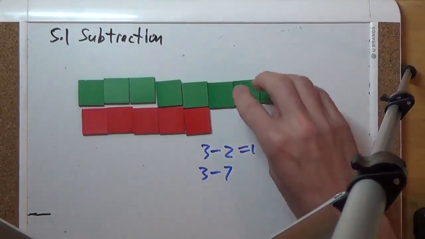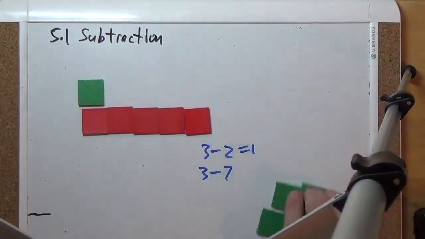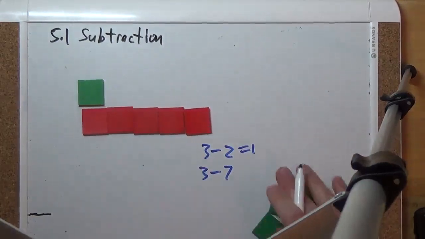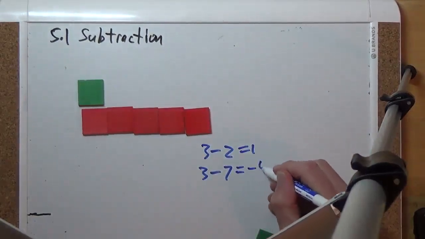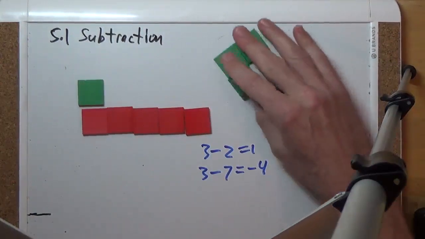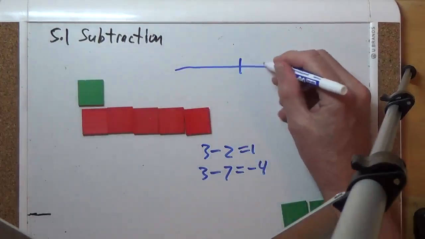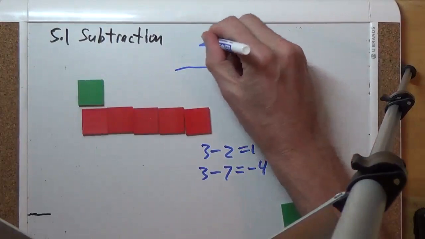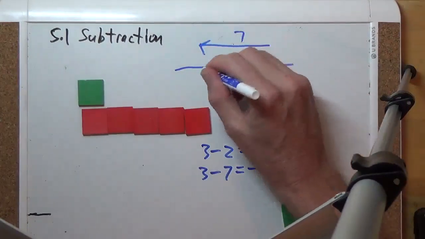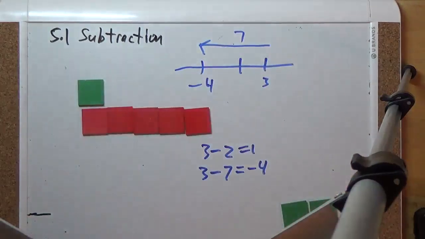I'm at 3, I can take away 3, 4, 5, 6, 7, I'm at -4. Notice what we're doing. We're tying an action, taking away, and we're tying it into moving left on the number line. But physically taking away stuff.